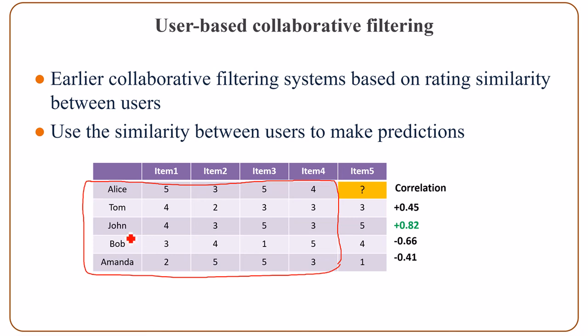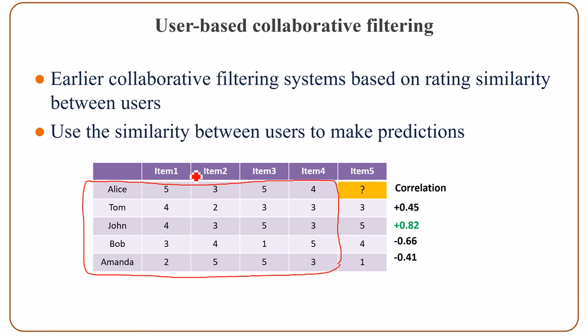Here we can see that the correlation between Alice and John is very high. So it is very likely that what Alice likes is also what John likes. And we can recommend what Alice likes to John, and vice versa.